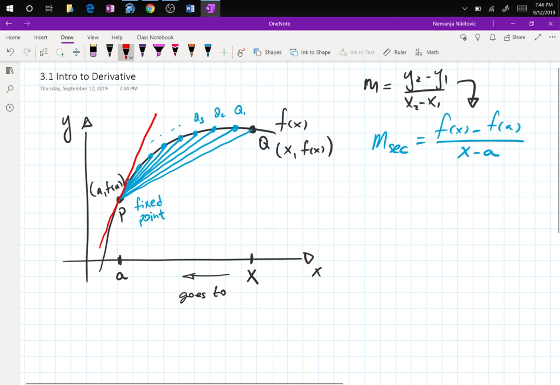The only issue that we have is at point P, where x and a are the same value. So that's a very special place. And you see that there is a line there. Can we compute that line using algebra? No, because the denominator is 0, and we can't calculate with denominator being 0.